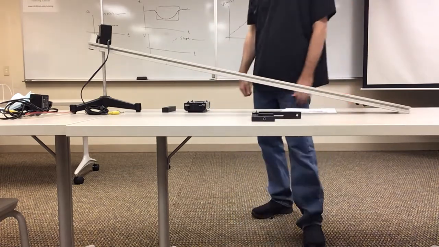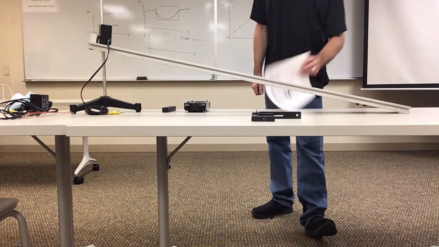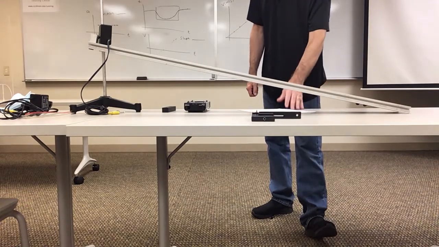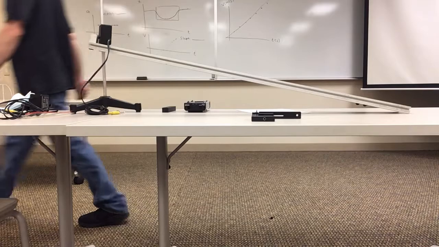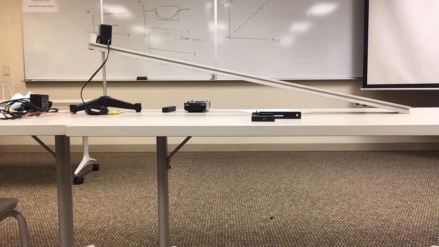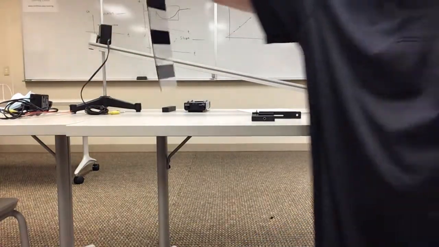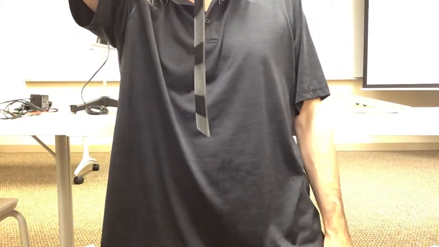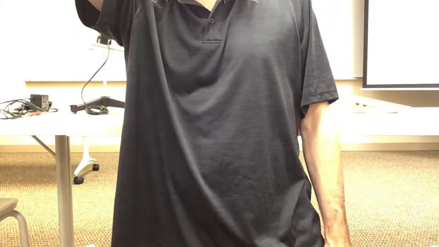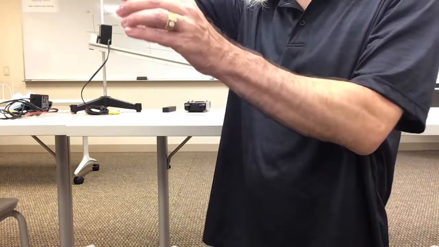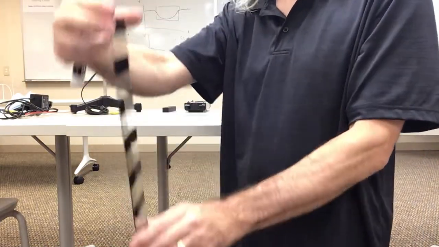And that's basically it for this lab. Now, let me give you a little hint on the last part. If I drop this beam blocker, let's see, I can get a good angle here. So here's the beam blocker. Drop it. It's not going to fall perfectly perpendicular to the ground.